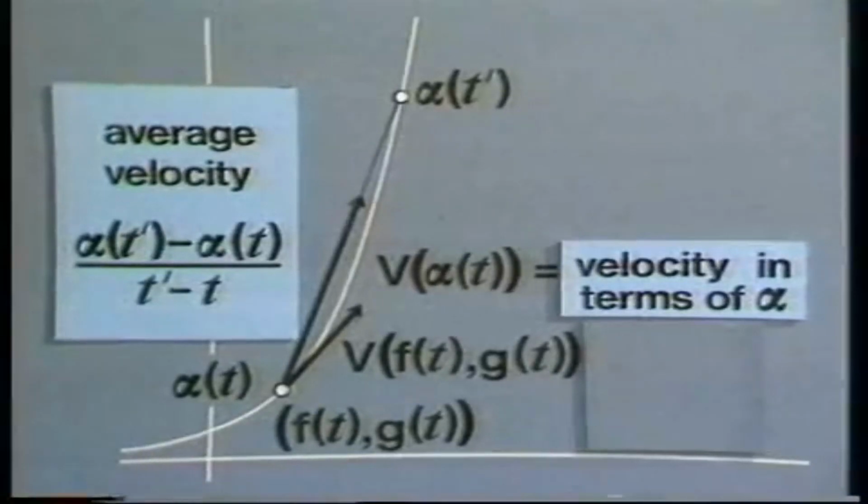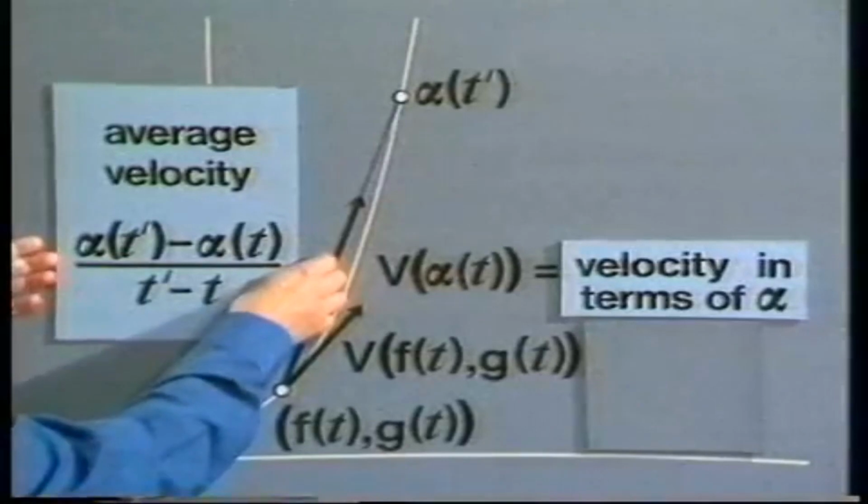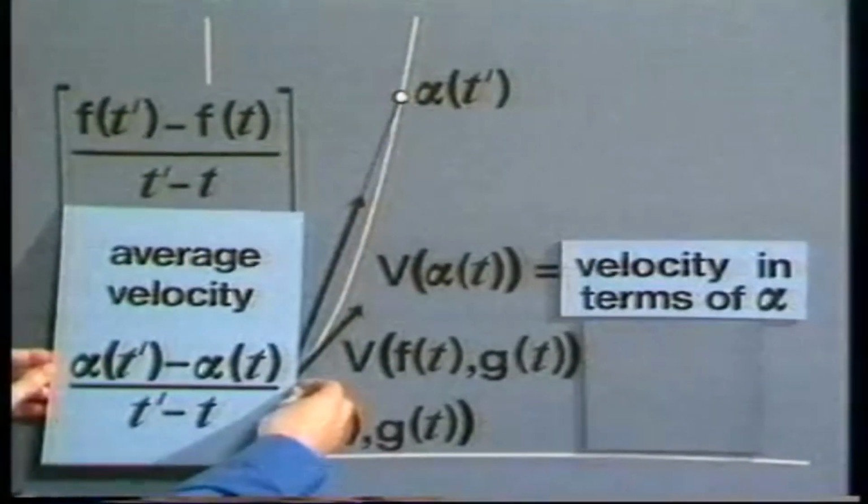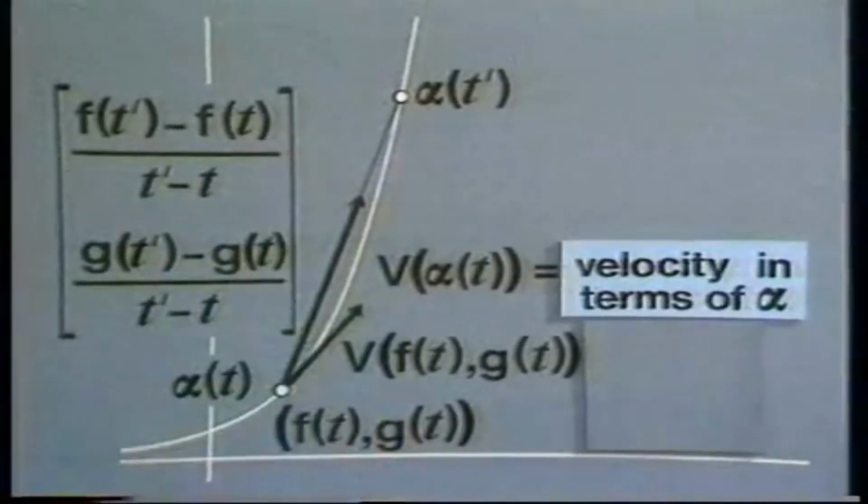Well, let's do that. Alpha t prime has coordinates f of t prime and g of t prime. So the first component is just this. And the second component is the same except with f replaced by g. And again we write one above the other to show that it's a free vector.